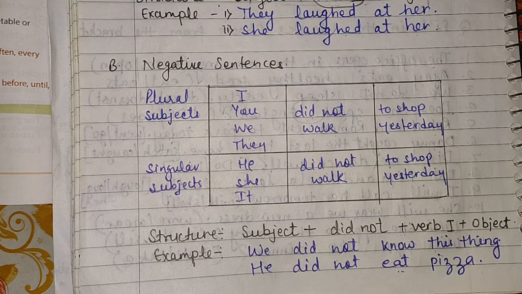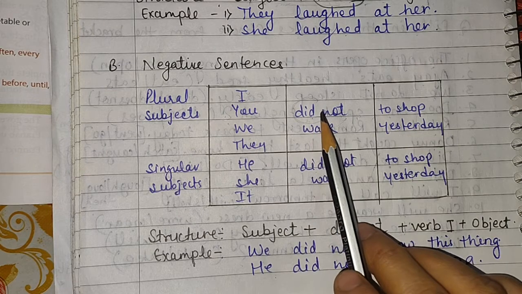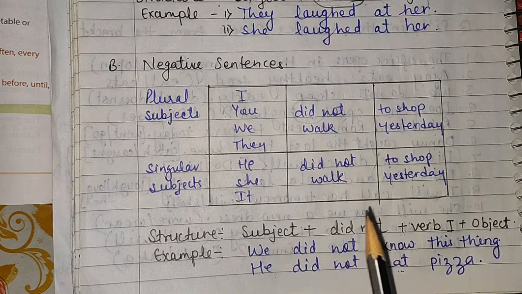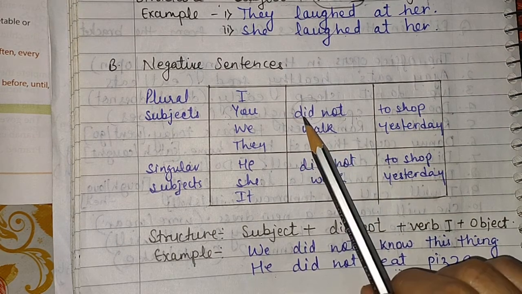In the same way, when we use did in any of the sentences, all right, keep this thing in mind that whenever we use did in a sentence, whether it is a negative sentence or an interrogative sentence, in these two sentences we use did for the past tense.